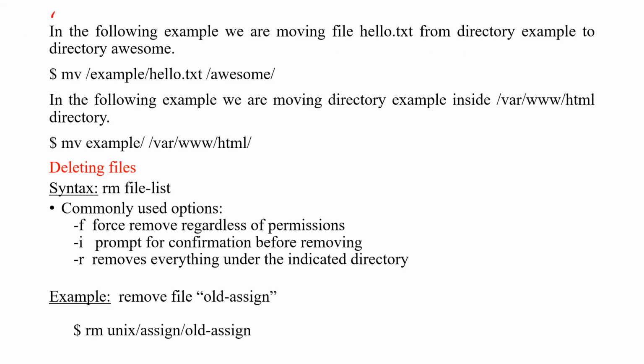In the following example, moving file hello.txt from directory example2 to directory awesome, you type the command mv example2/hello.txt awesome/, which transfers the content of hello.txt from the directory example2 to directory awesome.